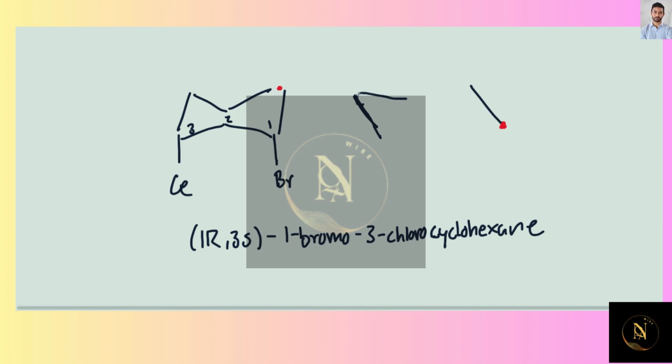Okay, let's finish drawing this. So that means this is carbon 1, this is carbon 2, and this is carbon 3. Just for illustrative purposes, I'm going to add the hydrogens to this first conformer. We've got an equatorial hydrogen there, and we've got an equatorial hydrogen here. Okay.